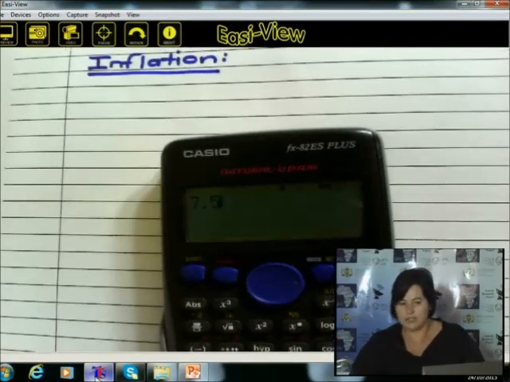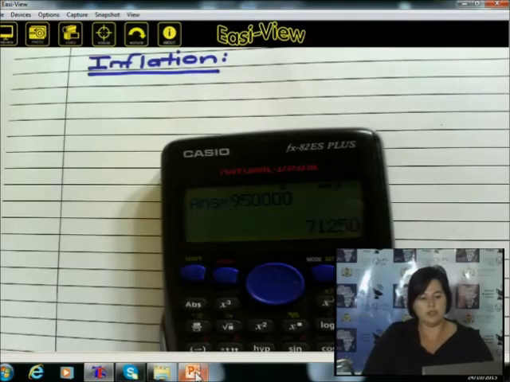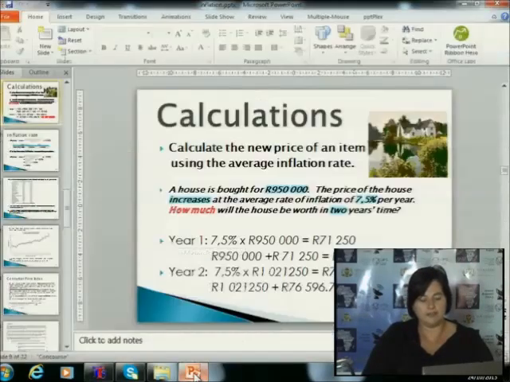So I'm going to divide it by 100, and that is equal to 0.075. Multiply by my amount, which was 950,000, which gives you 71,250.